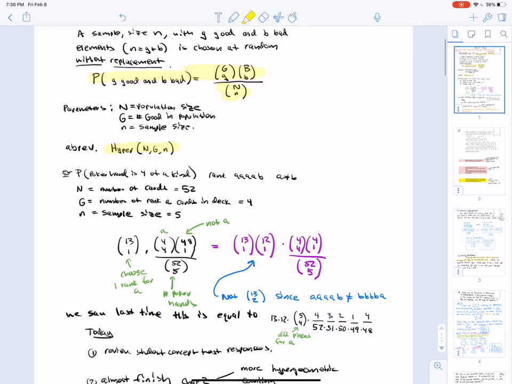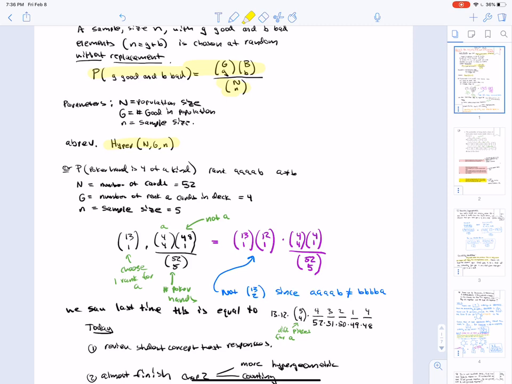So here's an example. The probability of getting a poker hand that is a 4 of a kind. Here capital N is the number of cards, 52. Capital G is the number of rank A cards, which is 4. And small n is the sample size, which is 5. So the probability that your poker hand is a 4 of a kind: we first choose the rank for A, which is 13 choose 1.